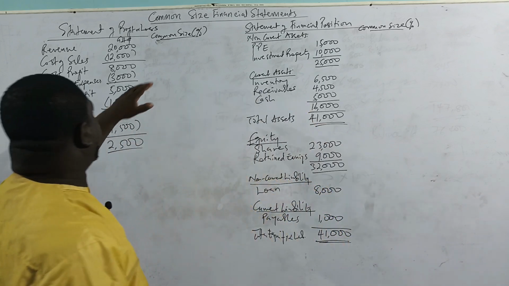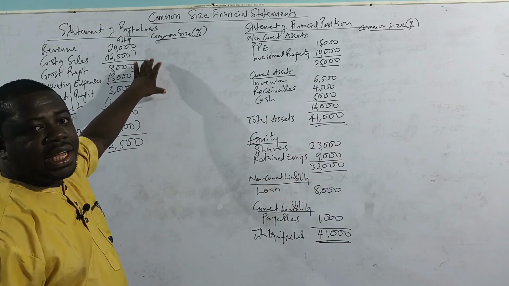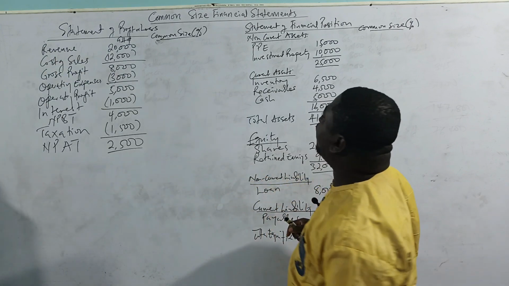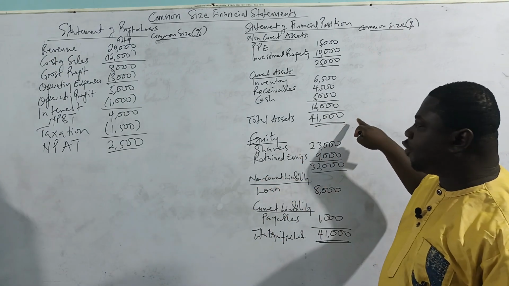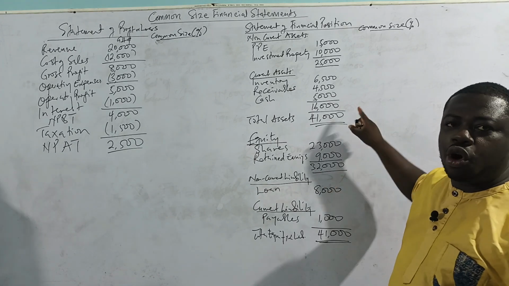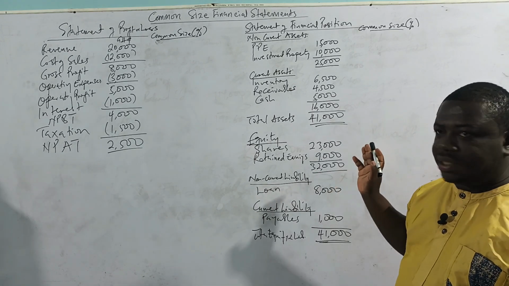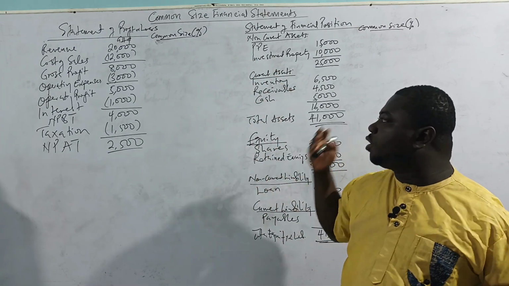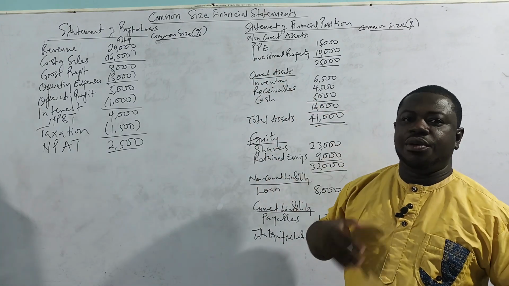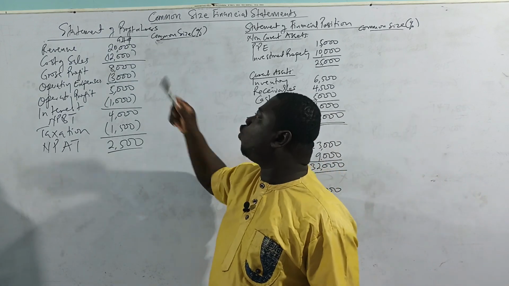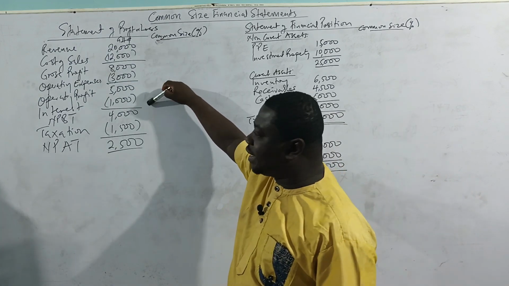I've told you that when it comes to the statement of profit or loss, the point of reference is the total revenue. When it comes to the statement of financial position, the point of reference is the total assets. So the total assets always stands as 100%. The total revenue always stands as 100% because we are using both of them as the denominators. And then we want to know what percentage of the revenue is gross profit. What percentage of the revenue is the interest?